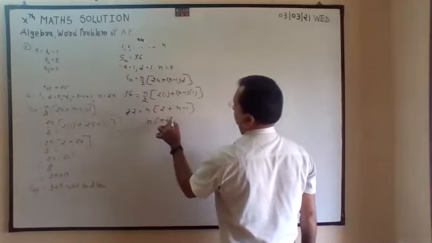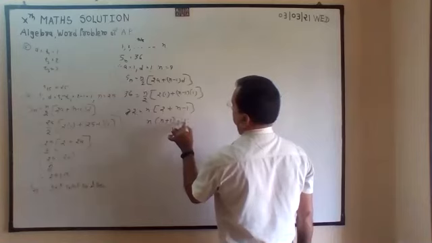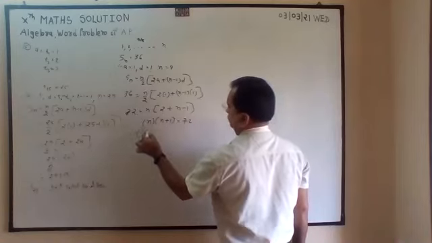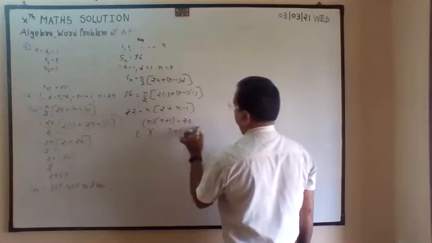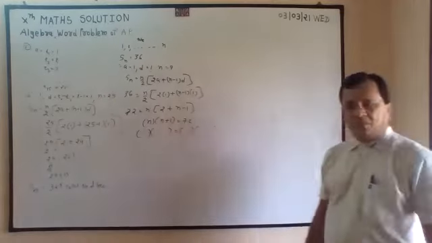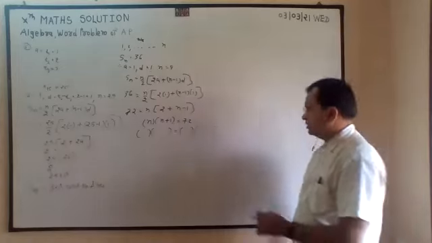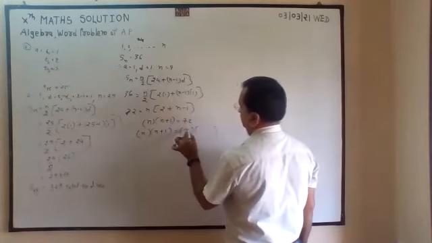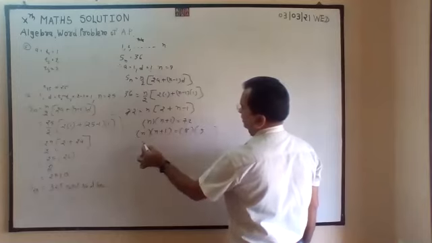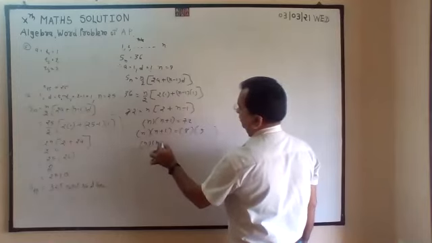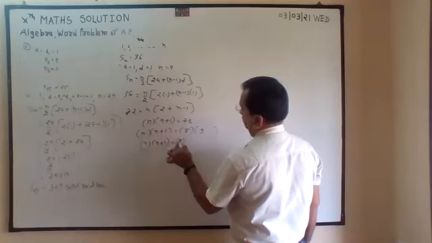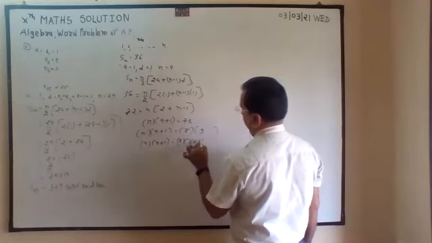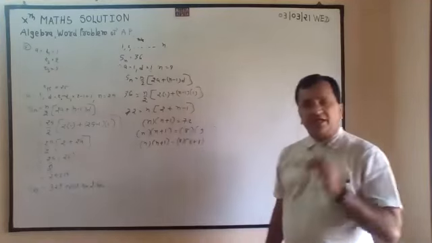So n into n plus 1 is equal to 72. n plus 1, 8 nines are 72, so n is 8 and n plus 1 is 9.